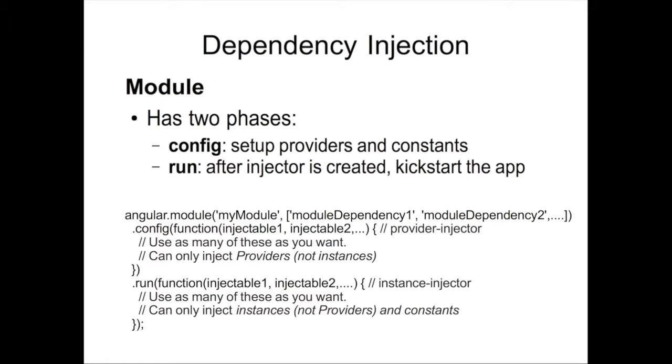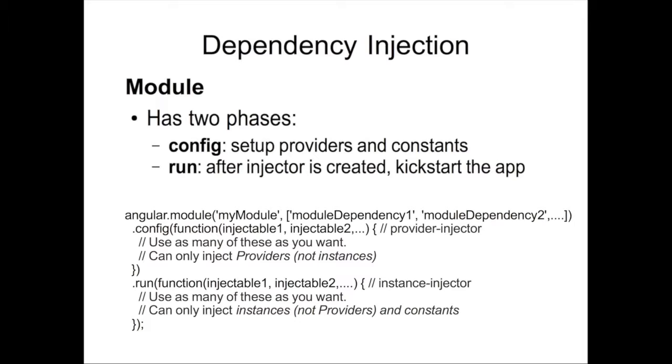So here's another code example that's too small for most of you to read. Once you include Angular into your app, you have access to this angular object, and you can define your modules right off that. So we have here angular.module. I'm giving it a name. Here are my dependencies that it's using.